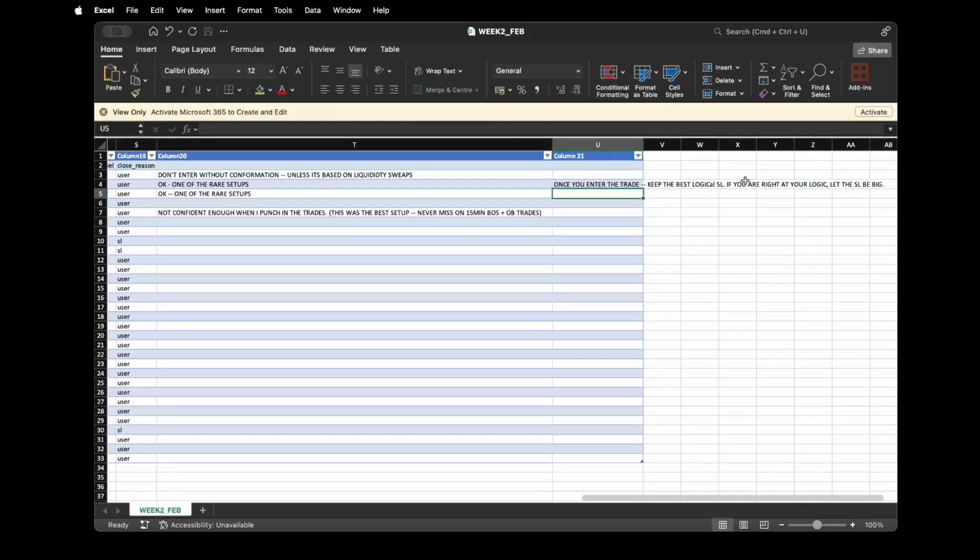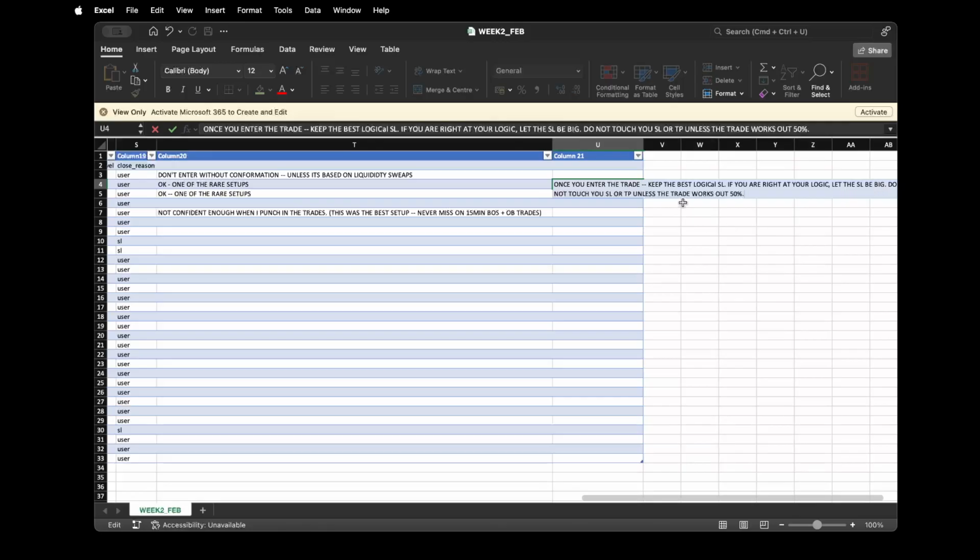And also do not touch your SL or TP unless the trade works out 50%.